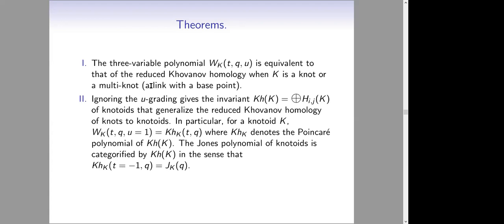And by the way, the Jones polynomial of a knotoid is categorified by this KH, in the sense that if you take this KH and plug in T equals -1, we recover the Jones polynomial of the knotoid K.